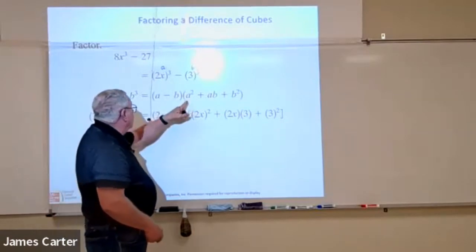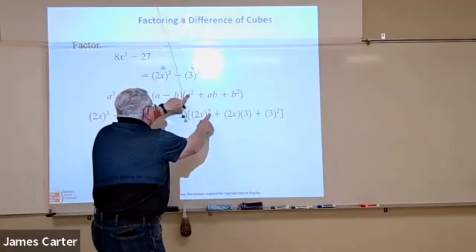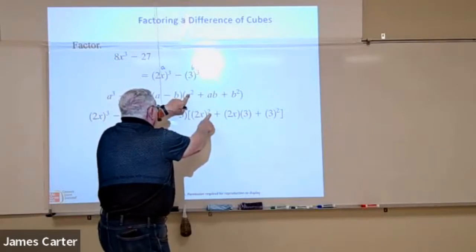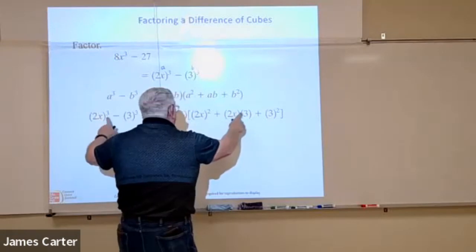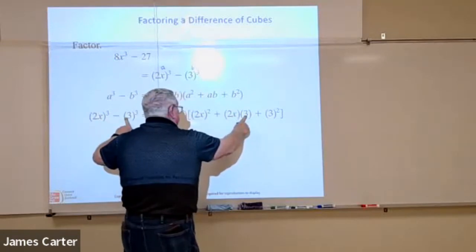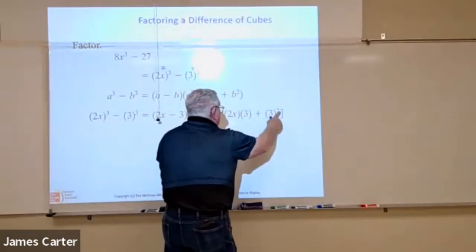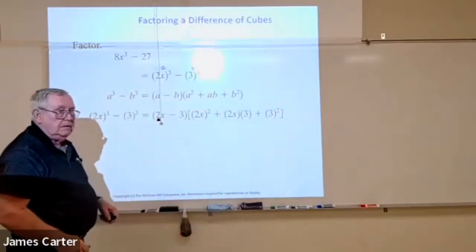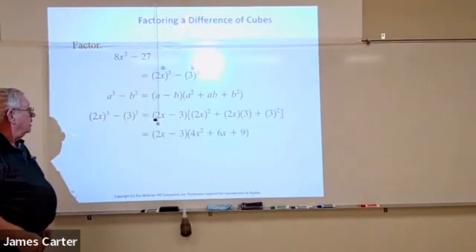Now, our second term, we take the 2x and we have to square it. We take the a term times the b term, and then we have to take the 3 and square it. And here's what that results in.